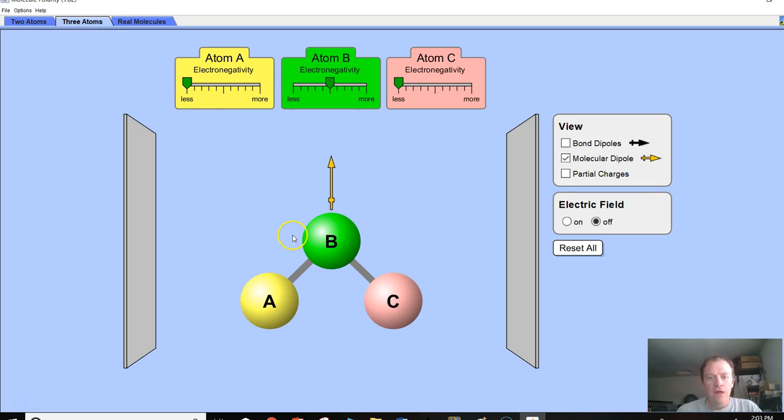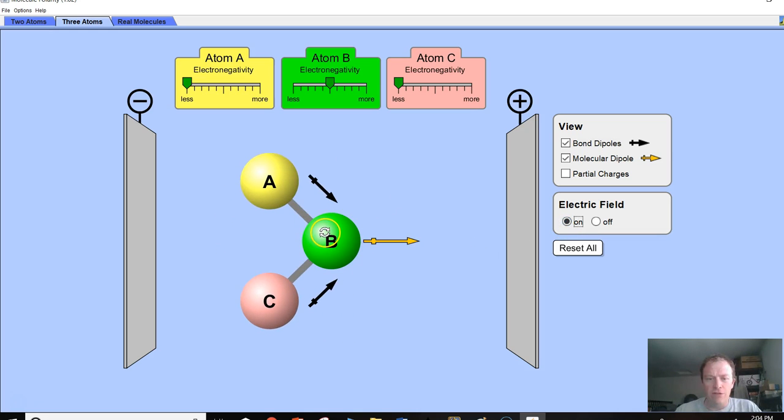Now, if you throw three atoms in here, these are called vectors. I'm going to talk more about these vectors in a second. So these two atoms are of lower electronegativity, and the B is of a higher electronegativity. So both of these bonds are polar, but overall, the polarities don't cancel because it's not symmetrical.